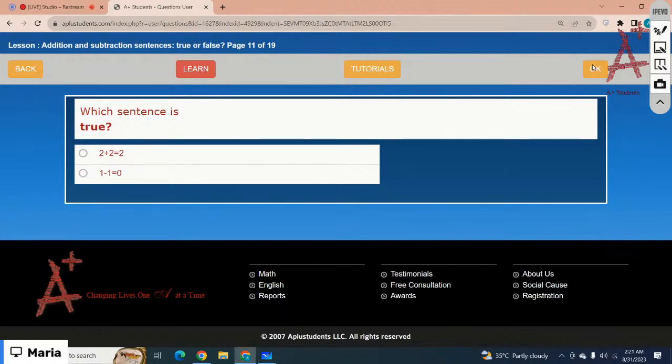That means option number 1 is not the correct one. Just look at the second one. 1 take away 1 equals 0. That means the second option is the correct one. So the correct option is the second one. 1 take away 1 equals 0.